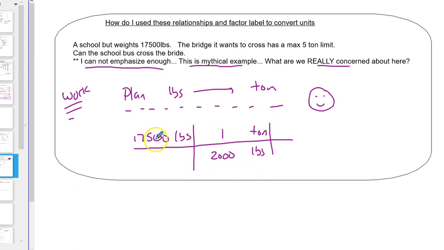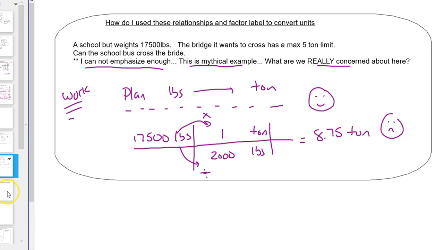So 17,500 divided by 2,000, and I have 8.75 tons. Now keep in mind, top you multiply, bottom you divide, so check that to make sure you're getting that process correct. So sadly, you're probably not going to want to drive across that bridge with this bus.